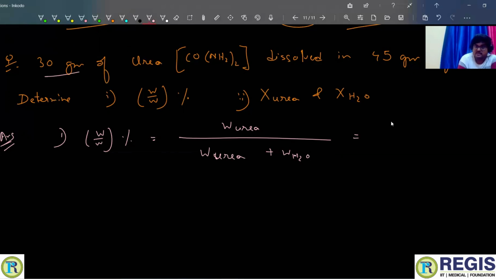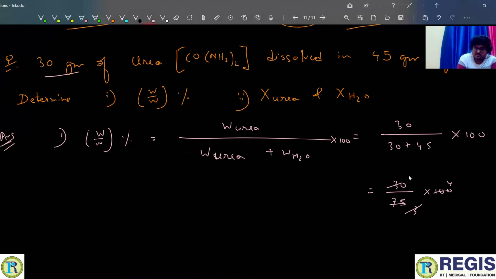This value is 30, this one is 30 plus 45, and percentage means multiply by 100. So 30 by 75 into 100. So this value becomes 40%. Is it clear? Any doubt? So weight by weight percent is 40%.